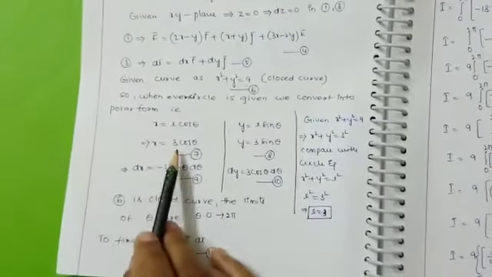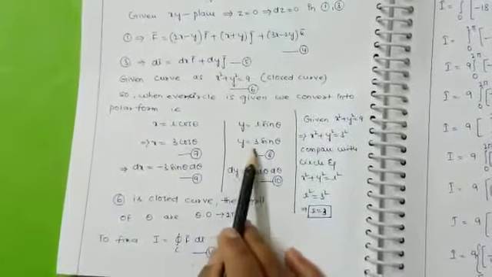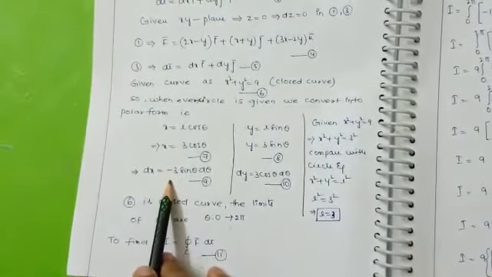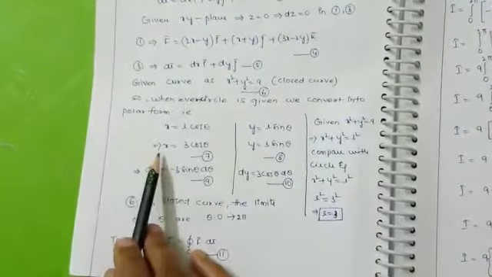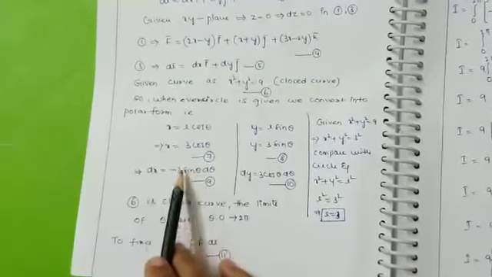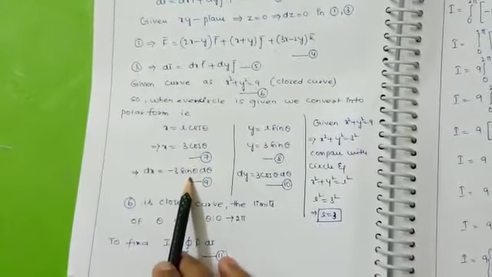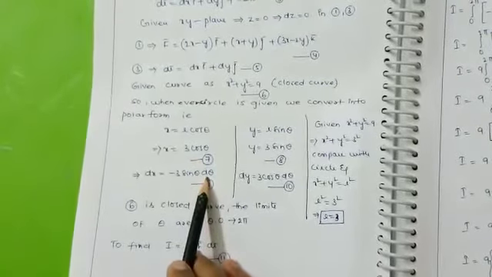We will get x is equal to 3 cos theta, y is equal to 3 sin theta. You are going to find out the respective derivatives with respect to theta. So x derivative is dx, 3 is the constant value, cos theta derivative is minus sin theta, theta derivative is d theta.